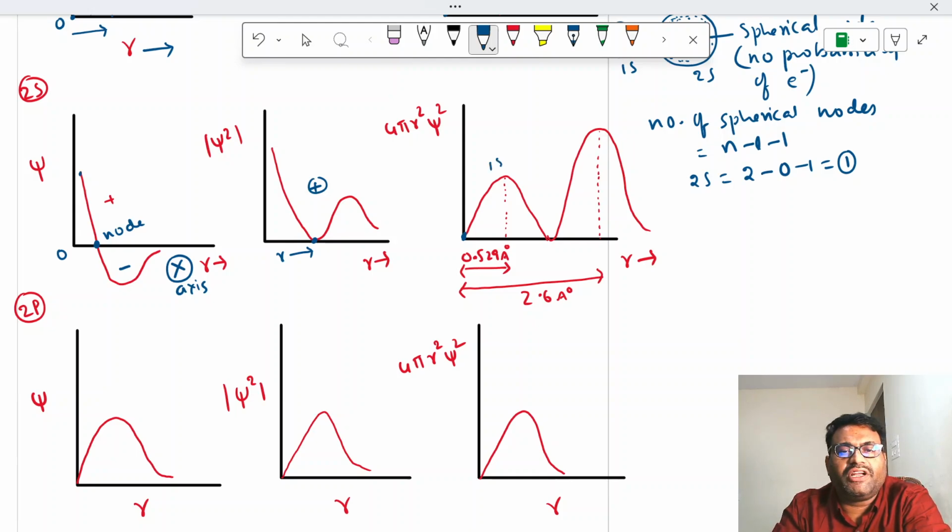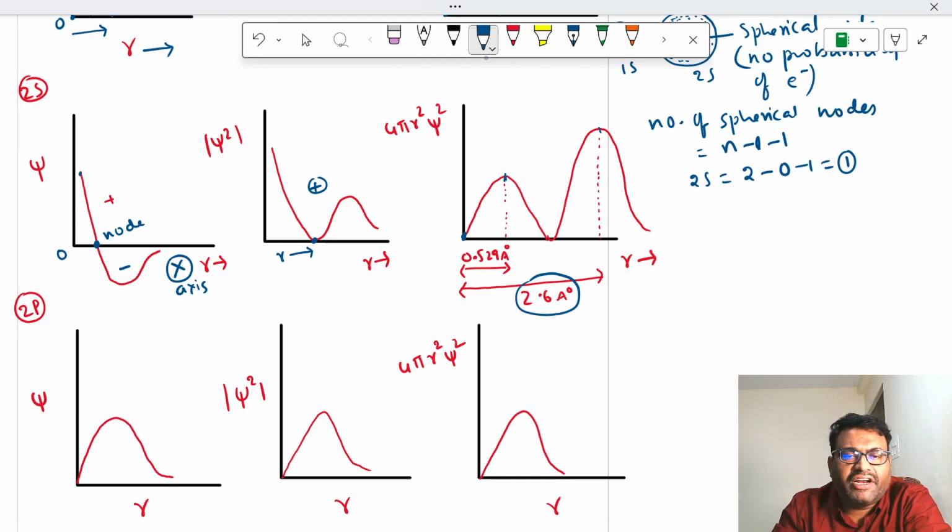One represents 1s and another represents 2s. The first peak is at a distance of 0.529 angstrom units, and the next peak is at a distance of 2.6 angstrom units.